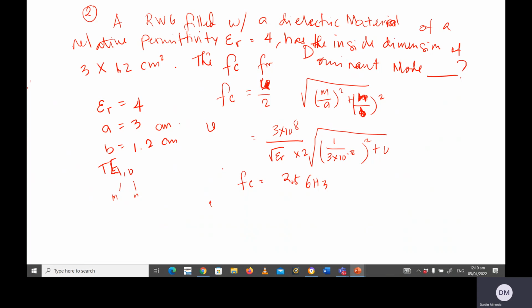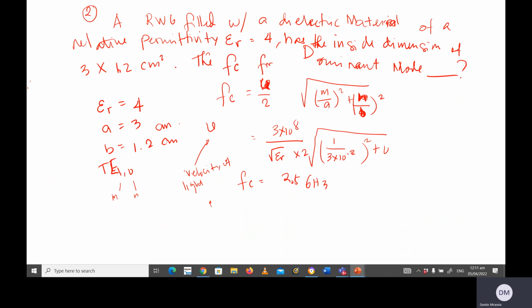So this is the velocity of light in the presence of the dielectric material. This is your velocity of light in the presence of permittivity.